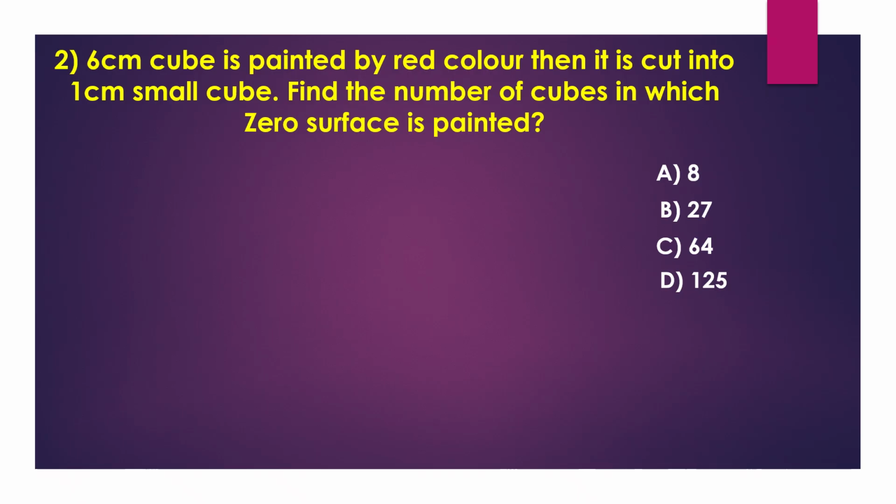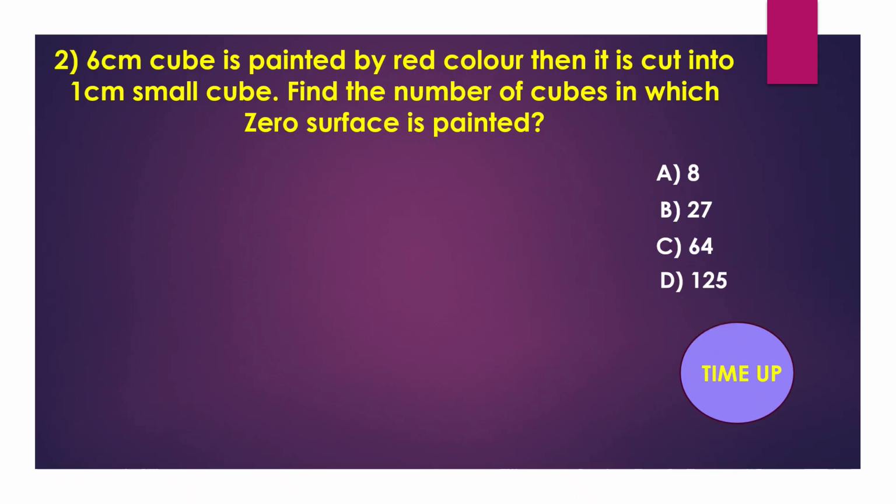Second one on your screen and your timer starts now. Try to solve this. A 6 centimeter cube is painted red. Then it is cut into 1 centimeter small cubes. Find the number of cubes in which zero surface is painted. Time up.